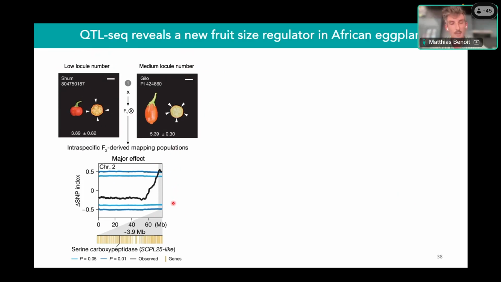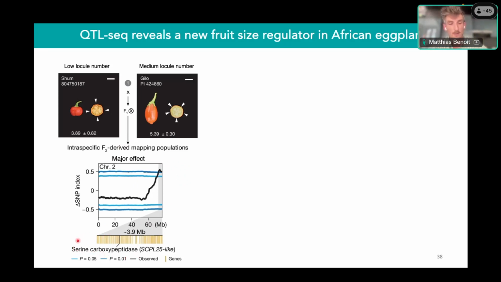linked to this phenotype. What we actually detected is a major effect QTL that contains a gene that is a serine carboxypeptidase encoding gene that has important function in the processing of the clavata3 peptide, right?